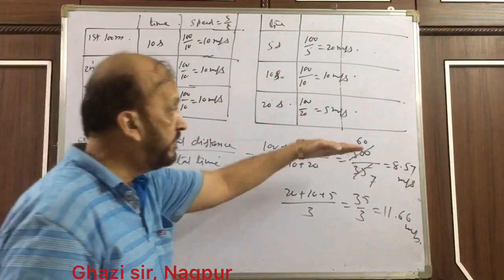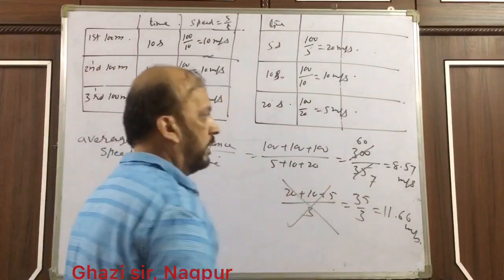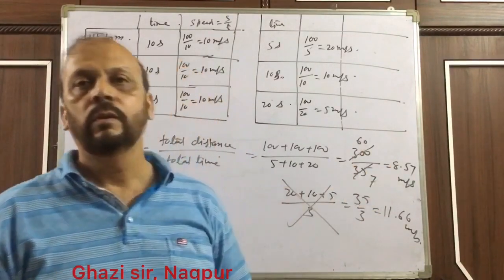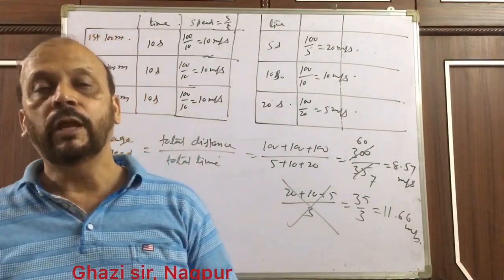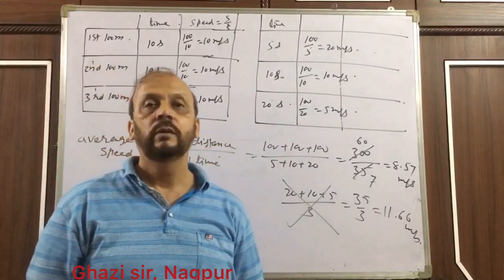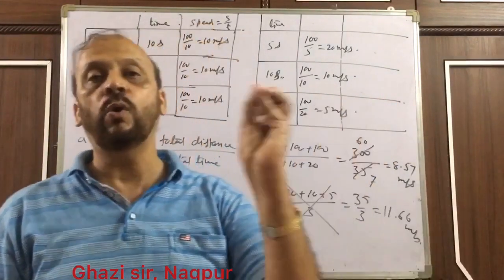So in both cases we are getting different results. So this is the wrong method. This is the correct method. So if speed is non-uniform, then average speed is equal to total distance upon total time.